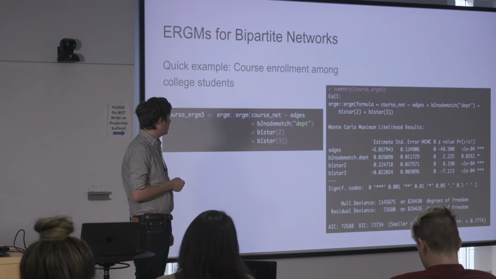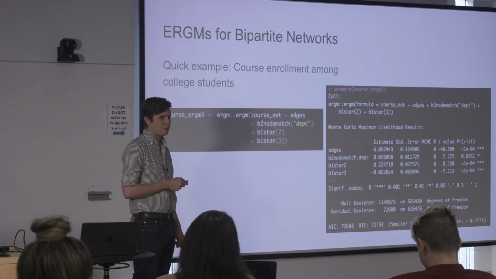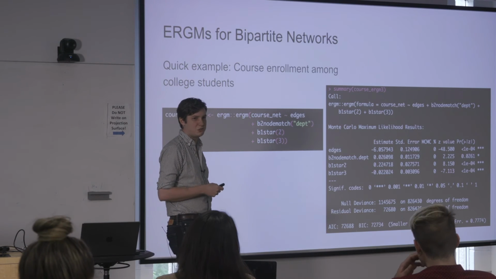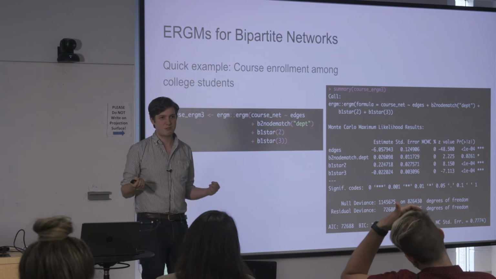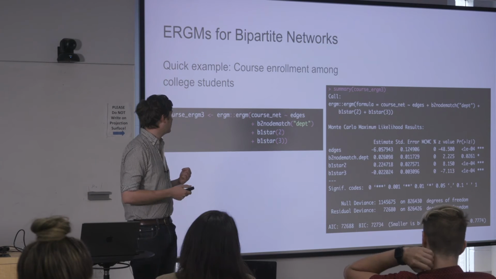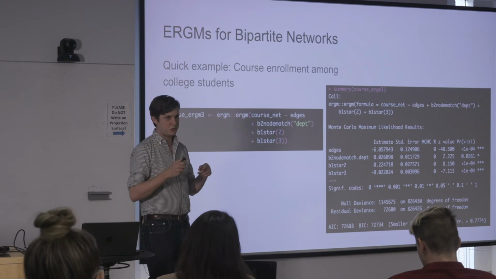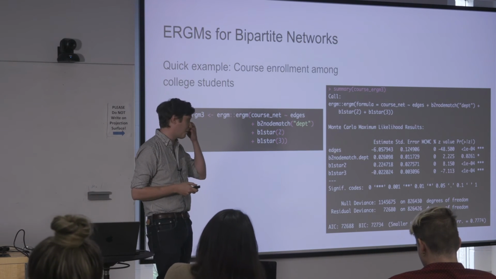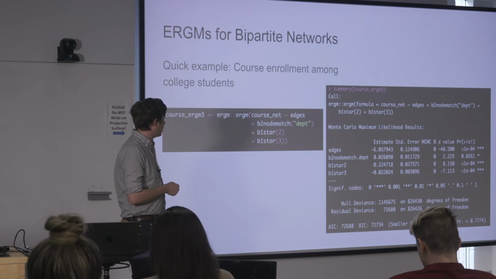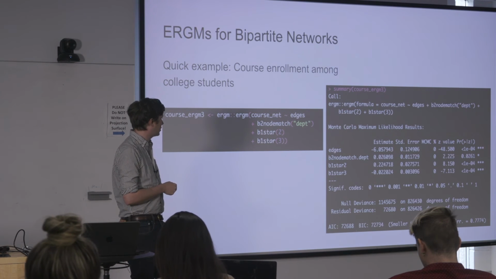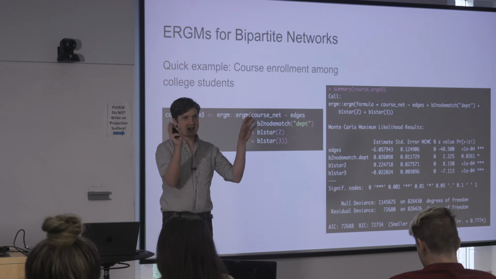Simple density term. I created a node match term for courses by department. We would imagine that students who are in the same major take courses in the same department. And so we would expect that courses are more likely to be linked through students if they're in the same department. And then I included a couple K-star terms here, 2 stars and 3 stars, of courses being connected through students.